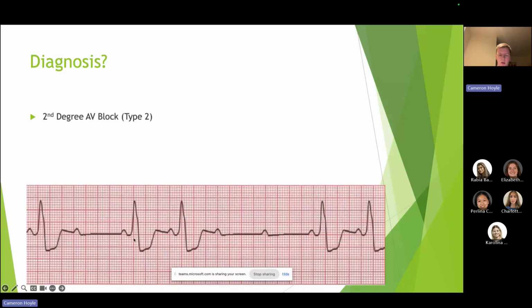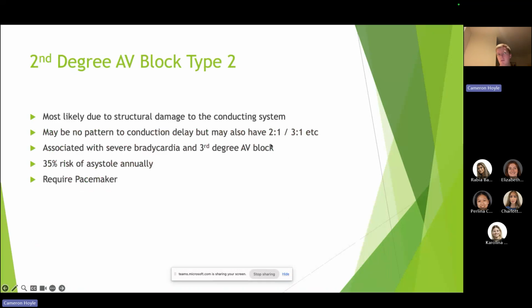So here, you could probably argue that this is a little bit more sporadic because you've got two P waves that haven't conducted a QRS complex. Generally, you will see a 2-to-1 or 3-to-1 block, where you'll have 2 QRS complexes, 1 dropped, then another 2 QRS complexes with 1 dropped.